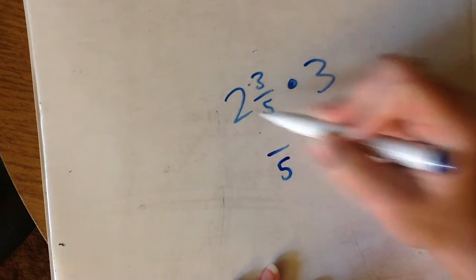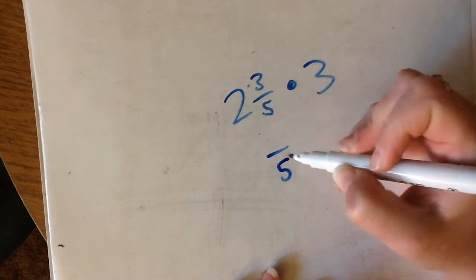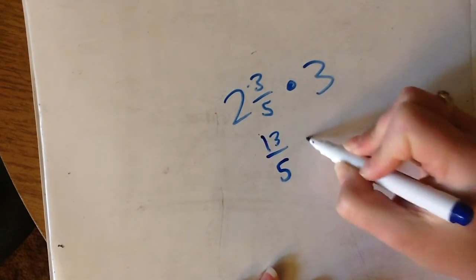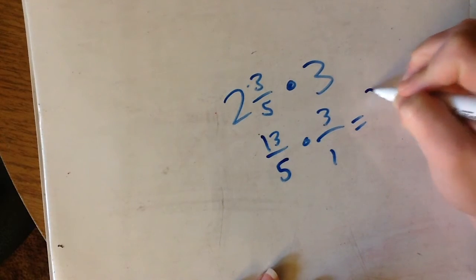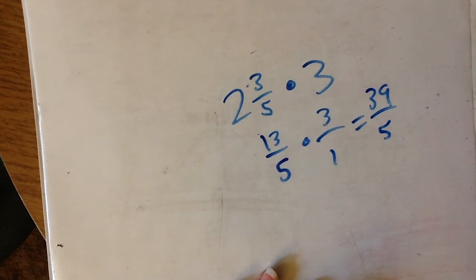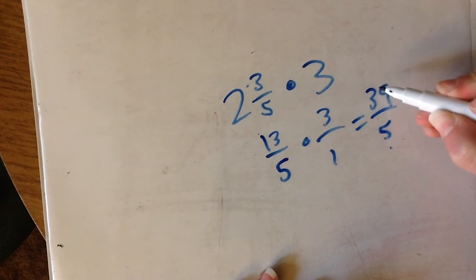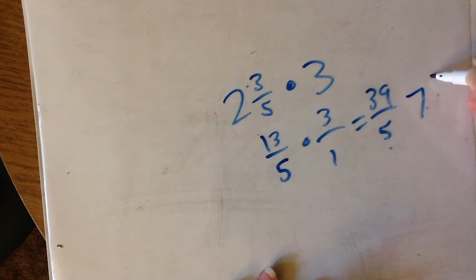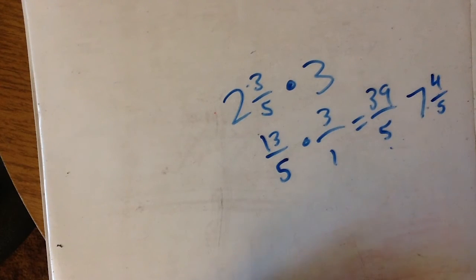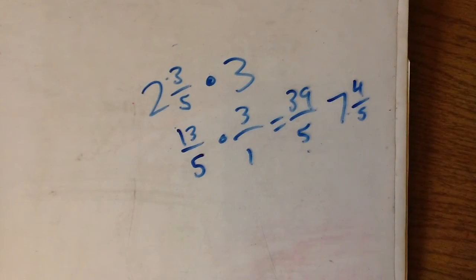So 5 times 2 plus 3 is 13, and this is just 3 over 1. 13 times 3 is 39 over 5. So what number goes into this perfectly? 39 divided by 5, you get 7 out perfectly, which is 35, and then you have 4 left over. Oops, sorry. There you go.